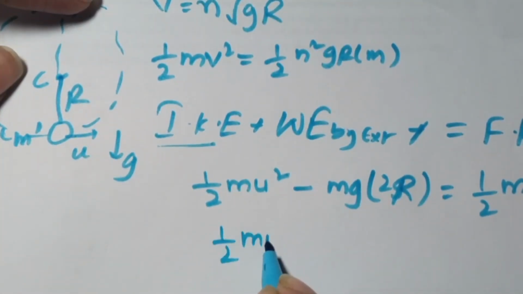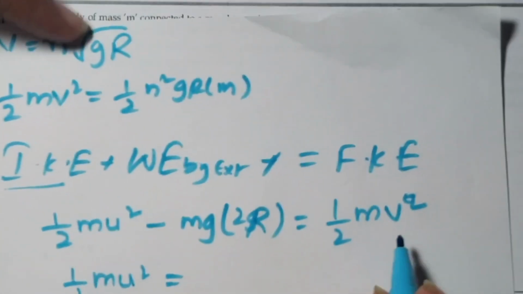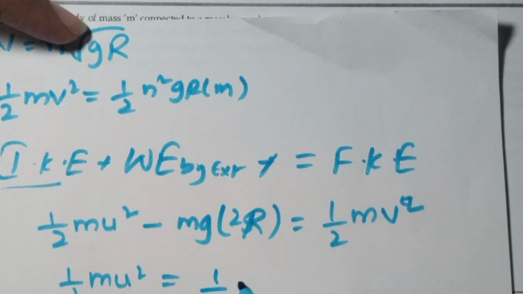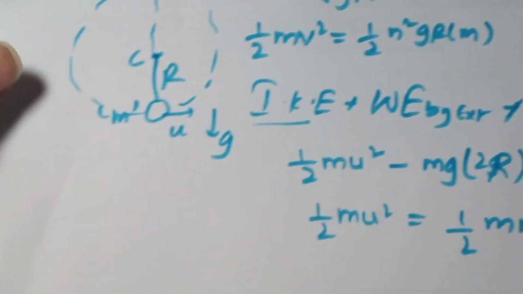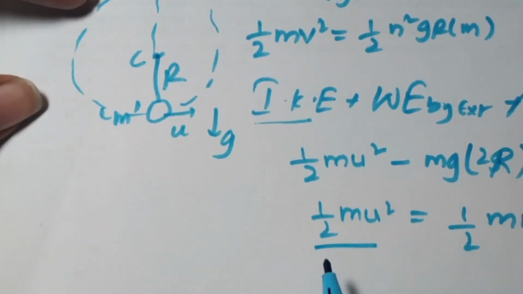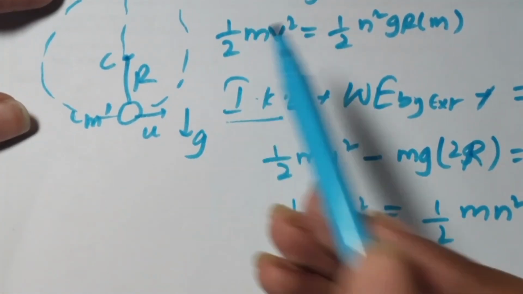So half m u square equals half m n square gr plus 2 mgr. So we have the initial kinetic energy as well as the final kinetic energy.